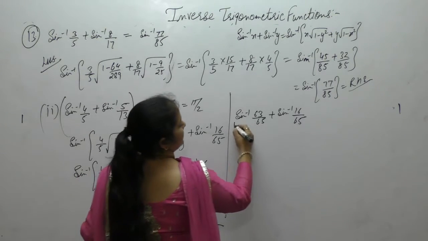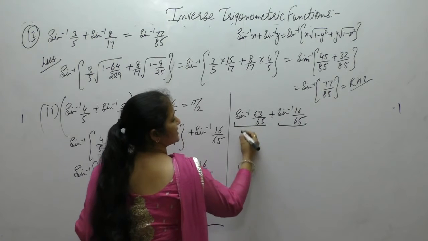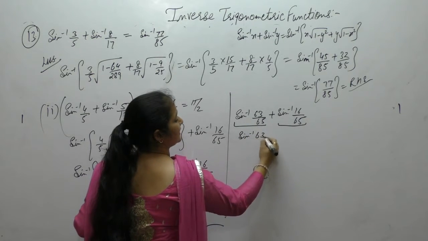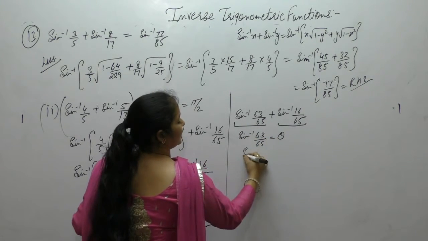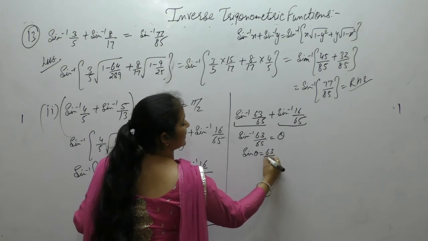Now here we have 16 upon 65, let it equal theta. Then we get sin theta is 63 by 65.